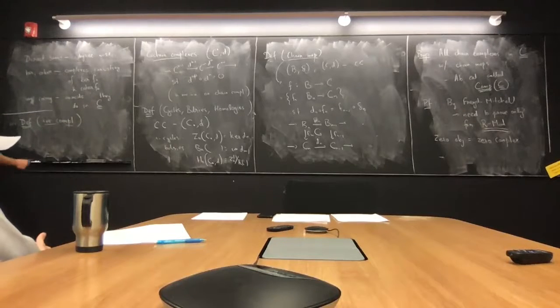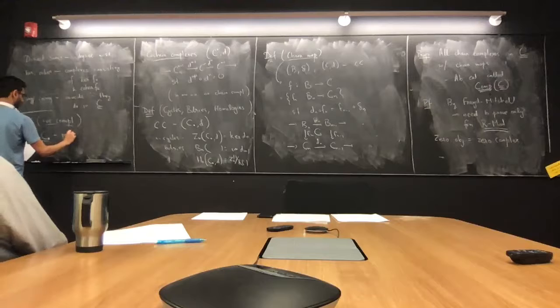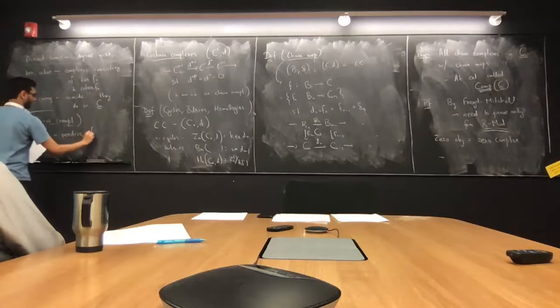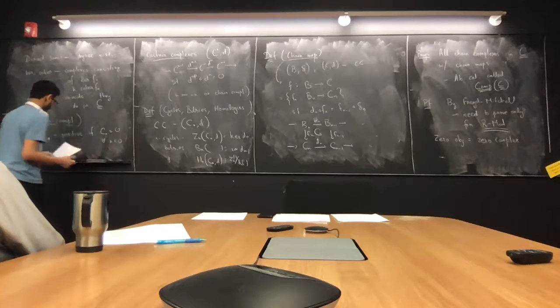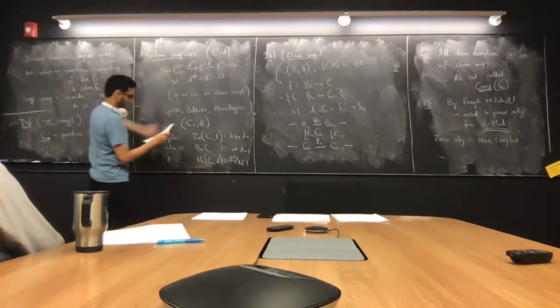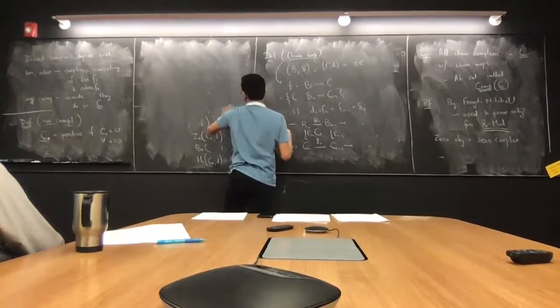Okay. So a chain complex. When I'm not referring to D, I'm going to use a single underline to denote a chain complex. There's no good way of doing this. Okay, C bullet is said to be positive if Cn is equal to 0 for all n less than 0. This forms a full subcategory of Comp(C).